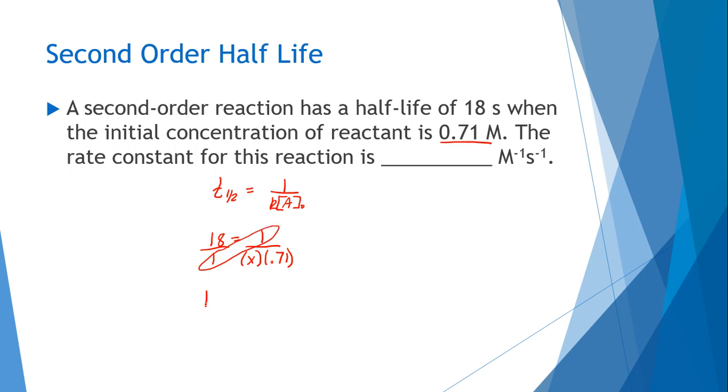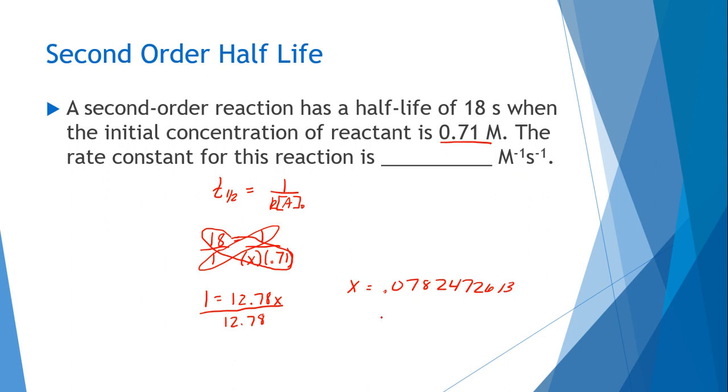So here, 1 times 1 is 1. 18 times X times 0.71 actually gets me equals 12.78X. And then in order to get X by itself, we're going to divide by 12.78. And then here, X is going to equal 0.07824722613.